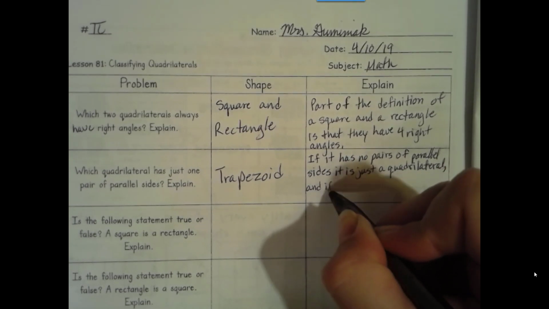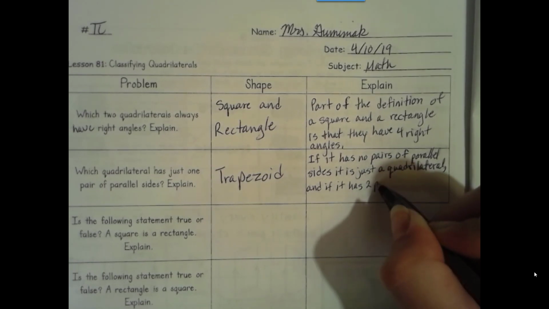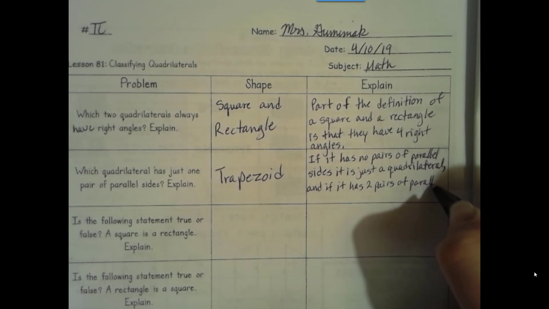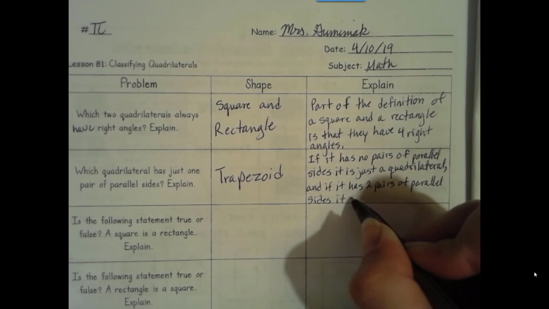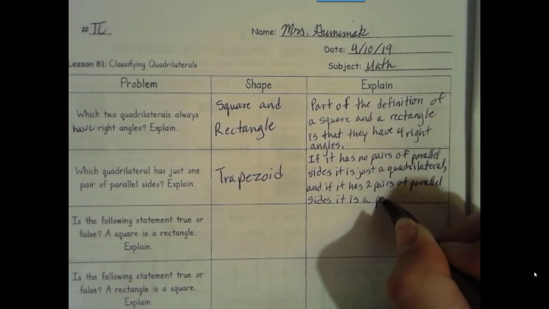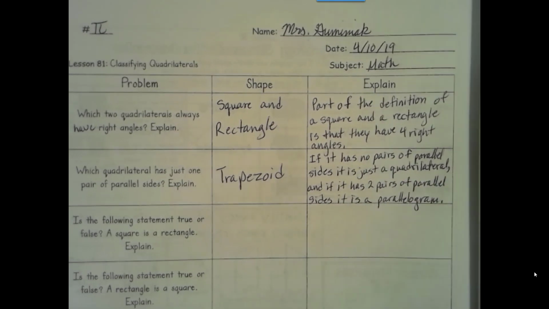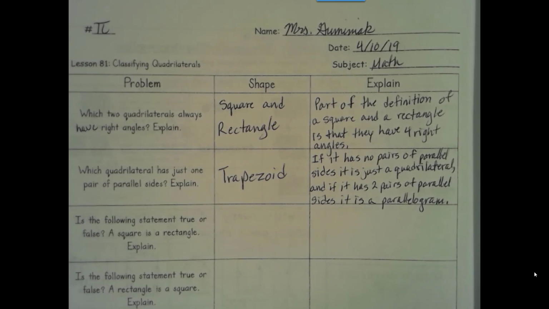And if it has two pairs of parallel sides, it is a parallelogram. So based on definitions, no pairs would make it a quadrilateral, two pairs would make it a parallelogram. So one pair is the special definition for trapezoid that we're using.